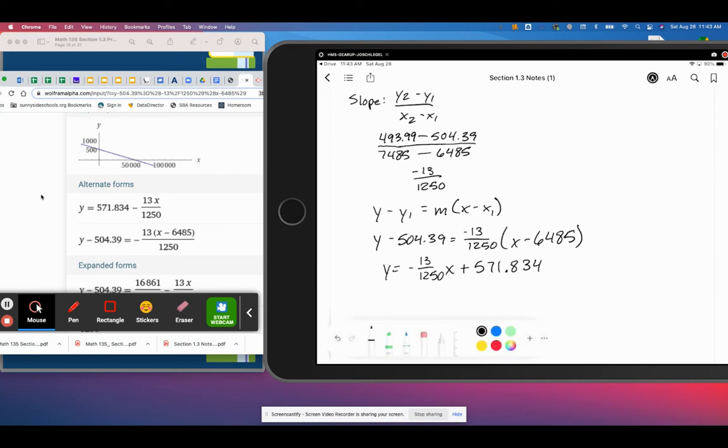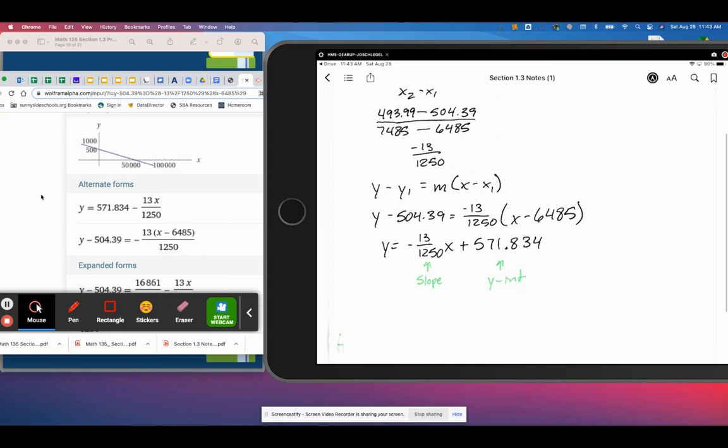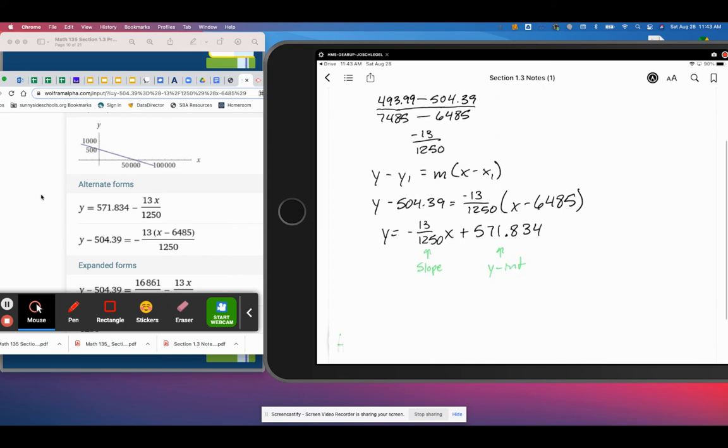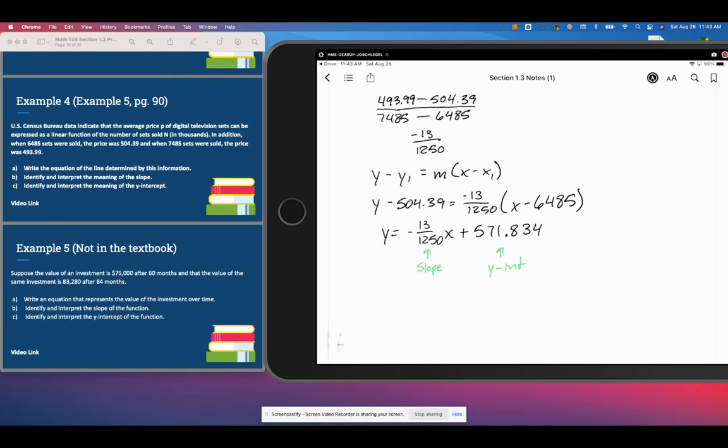And so, per usual, the number attached to the x is going to be our slope, and the number that's over here by itself is going to be our y-intercept, or the initial value. We are asked to, so I've identified them, and I'm also asked, I believe, to interpret them. So let's give a shot at interpreting these and see if we can make sense of it.